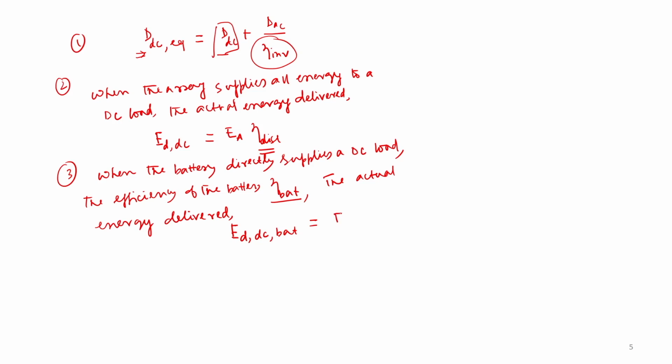This will be something like E A, the energy from the array going to the batteries, times the battery efficiency and then the distribution efficiency.